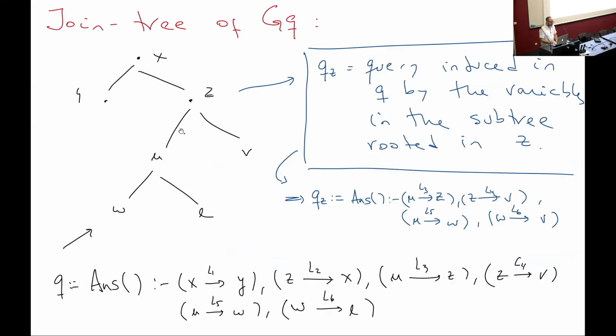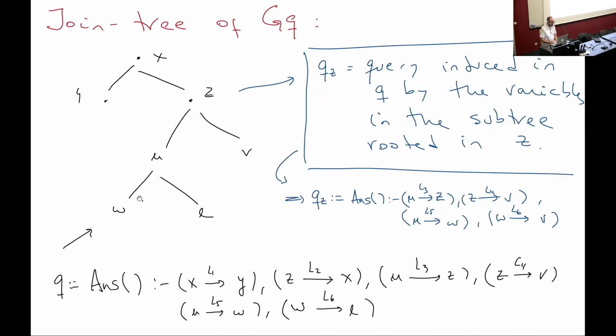This is what we call the join tree of an acyclic CRPQ. It's acyclic, so we can see it in this way. The idea is that you can go inductively by a bottom-up procedure computing the set of values of possible homomorphisms from the query induced by all variables that are below this node into the graph database.